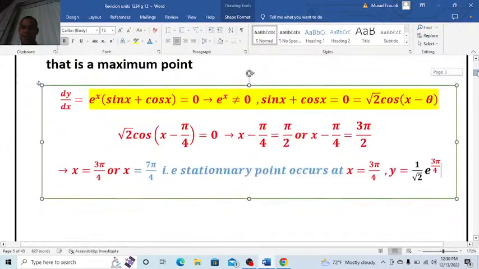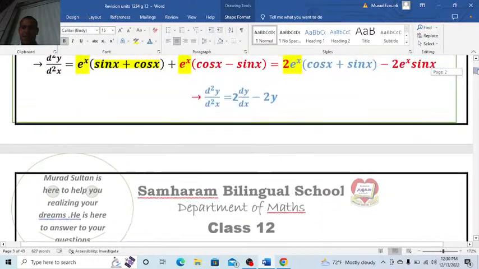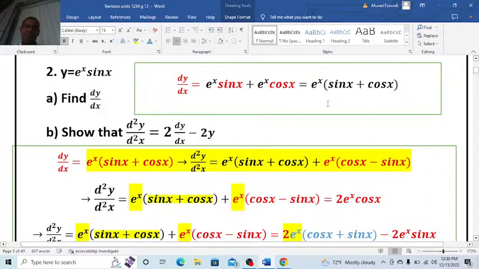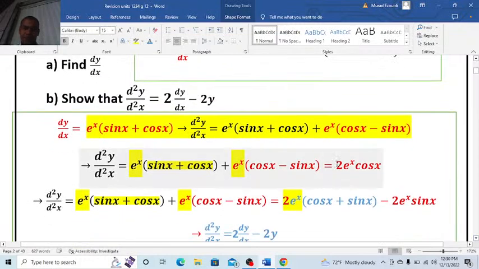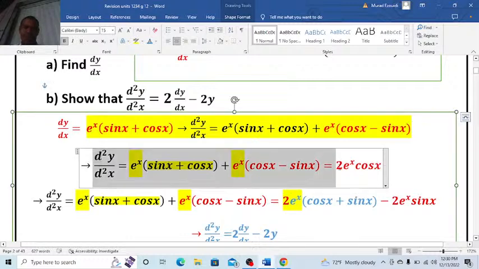Where is it? Go back. This one. The second derivative is this. I will use that.